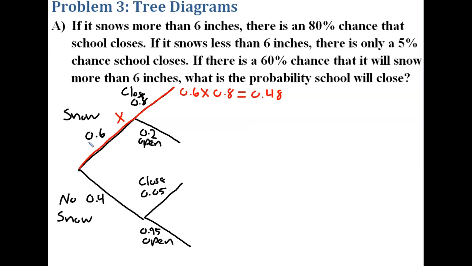So it could snow and school closes, or, so I'm going to say plus, there could be no snow and it closes. We'll follow that branch, no snow and close. Multiplying along those branches, we have 0.4 times 0.05, which gives us a 0.02.